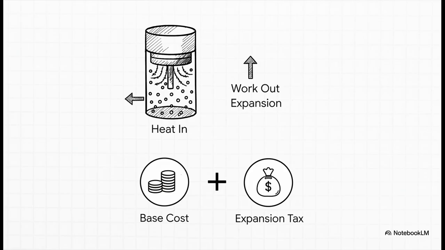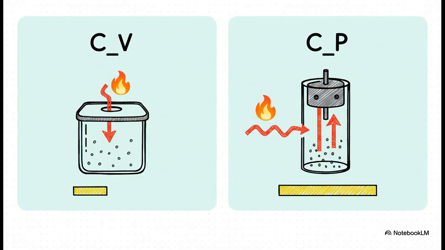You're still paying that base cost to heat the gas, but you also have to shell out a little extra energy, a tax if you will, to do the work of pushing that piston and expanding the volume. So it's pretty clear, right? CP is always going to be bigger than CV. They both contain that core energy just to raise the temperature, but CP has that extra chunk of energy that goes into doing work on the surroundings.